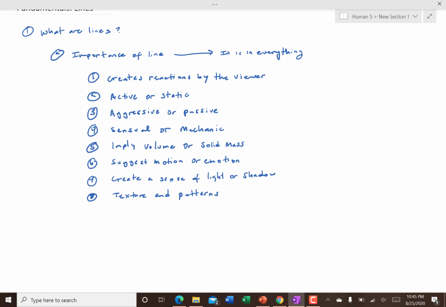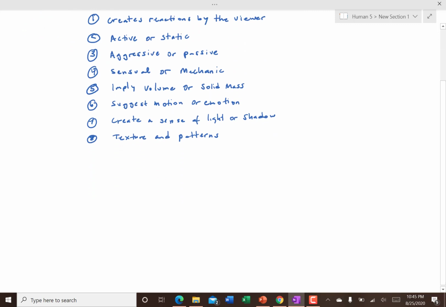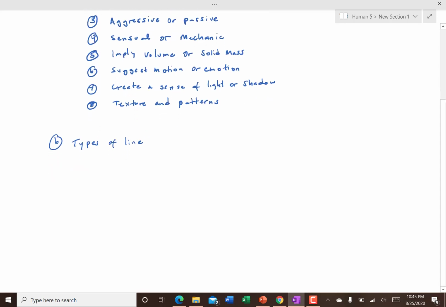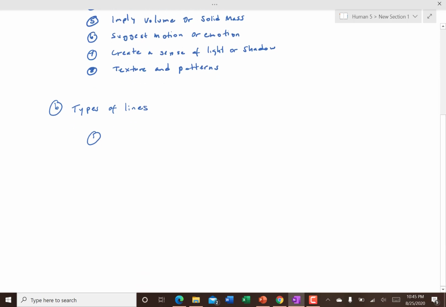We tend to think of line as kind of boring. Like, oh, a line is a line, so what's the big deal? Well, the big deal is just how much it can play into how we perceive something. And again, whether that's in art or in real life.